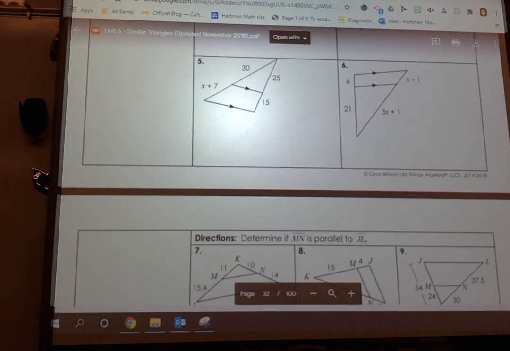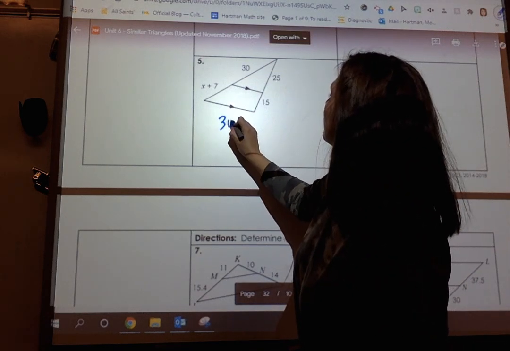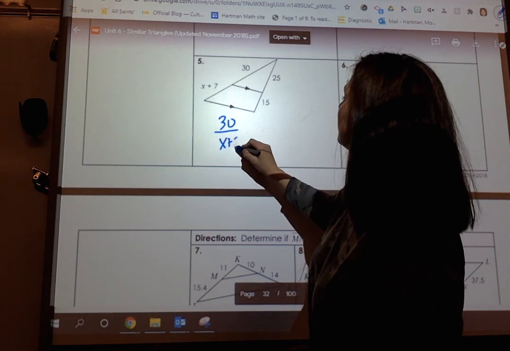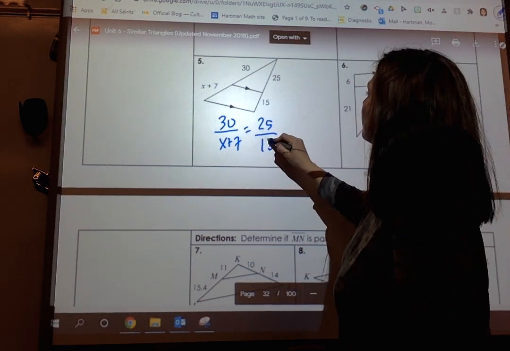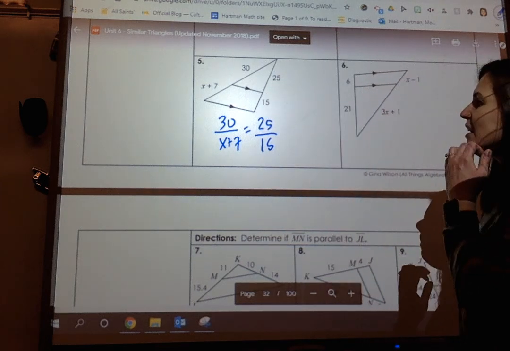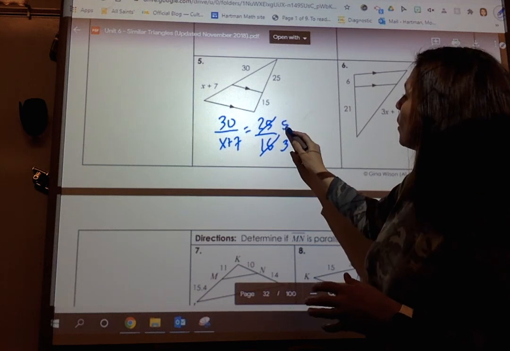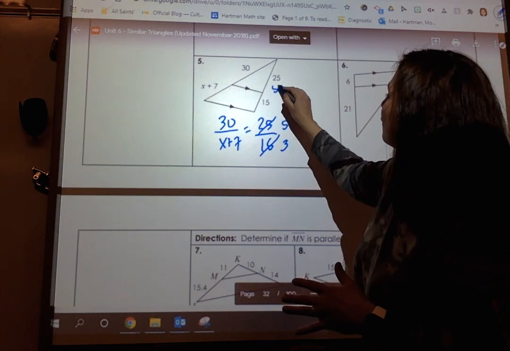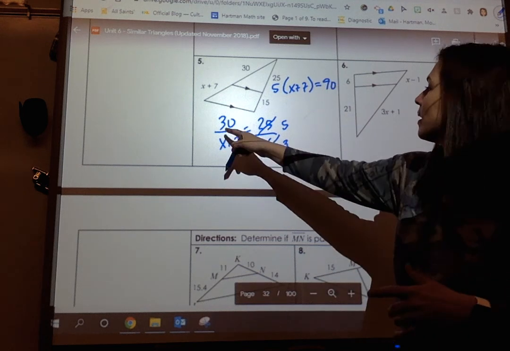Okay, so the setup here is I'm going to set 30 proportional to x plus 7, and then I'm going to do the same: 25 is proportional to 15. Now here I am going to reduce, and I get 5/3. So when I cross multiply, I get 5 times x plus 7 equals 90, 3 times 30.